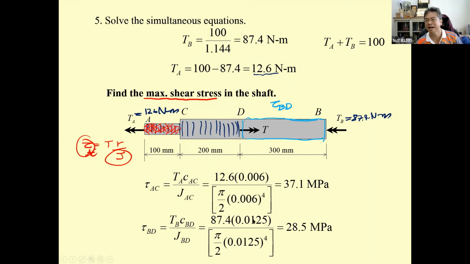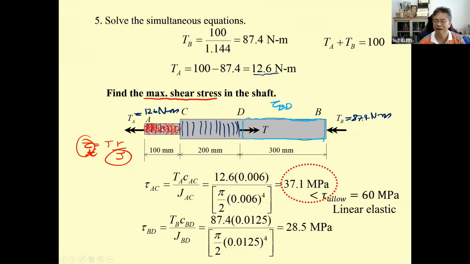This is going to be the 12.5 millimeter radius in the meter unit. And then you get the largest stress occurs on the AC, and it's less than 60 megapascal. It is linear elastic and is okay for safety, okay, for design, it is less than tau allowable.